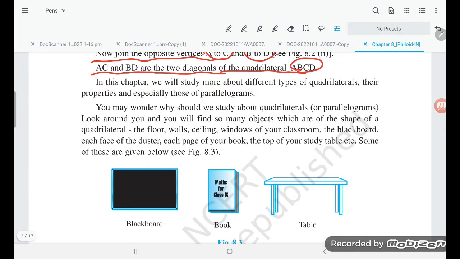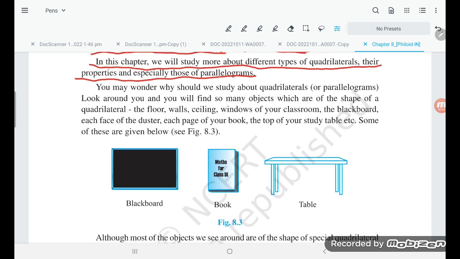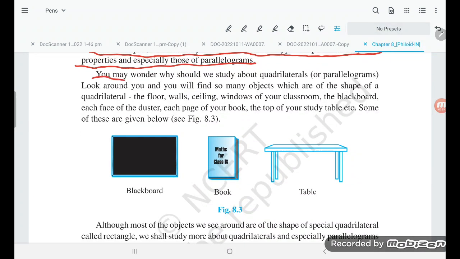Now next point, students. In this chapter we will study more about the different types of quadrilaterals and their properties, especially those of parallelogram. You may wonder why we would study about the quadrilateral parallelogram. Look around you and you will find so many objects which are of the shape of a quadrilateral.